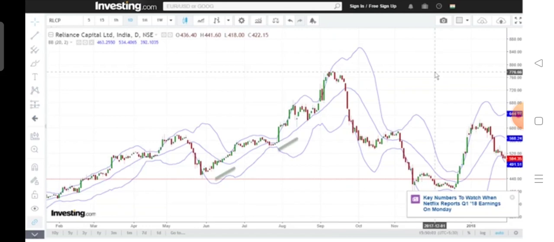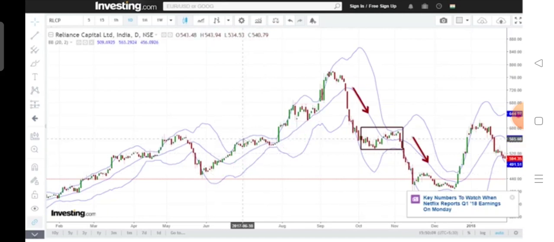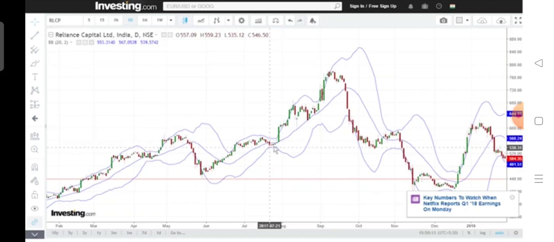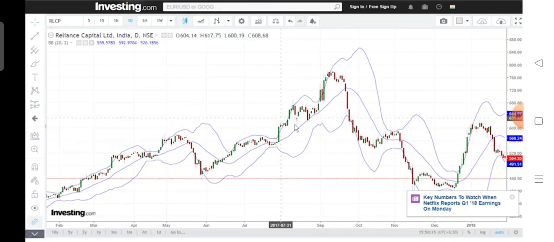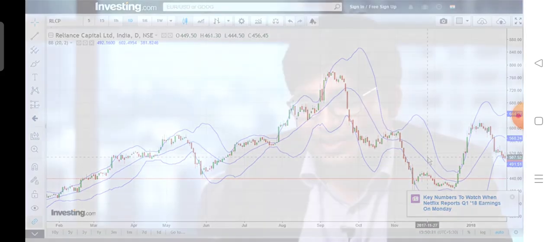First there is a fierce move, and then there is a small consolidation. During that kind of situation, the Bollinger Band converges to a small pinch kind of formation. Here you can see a pinch, here you can see a pinch, here you can see a pinch.